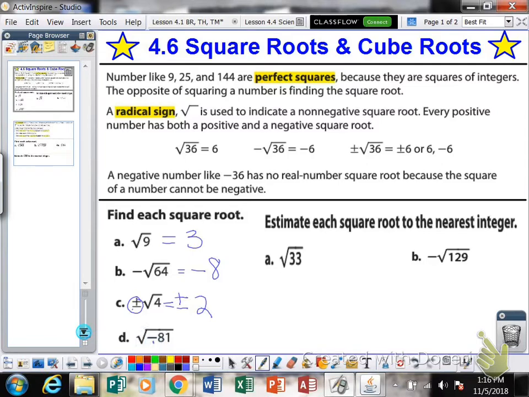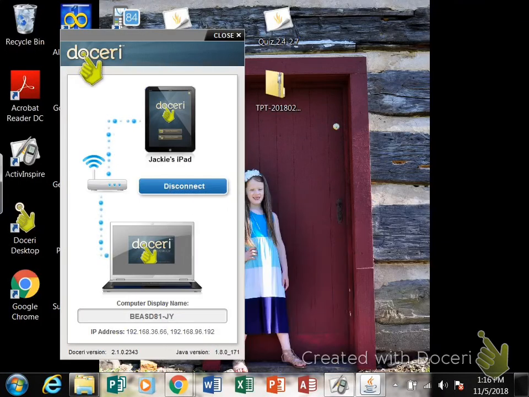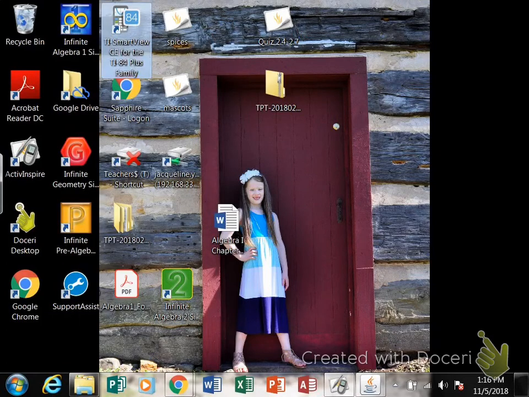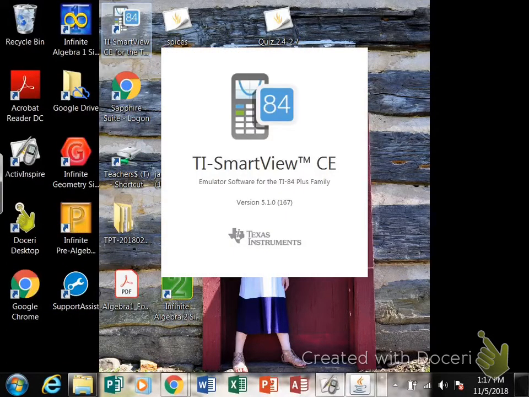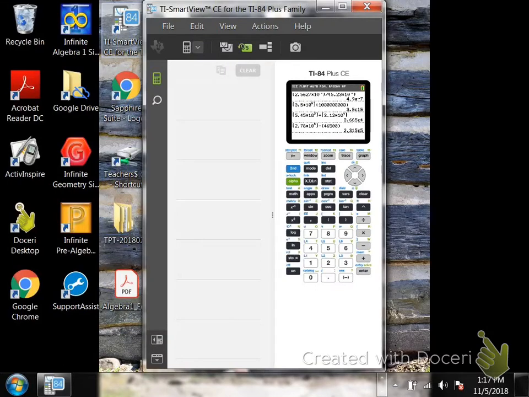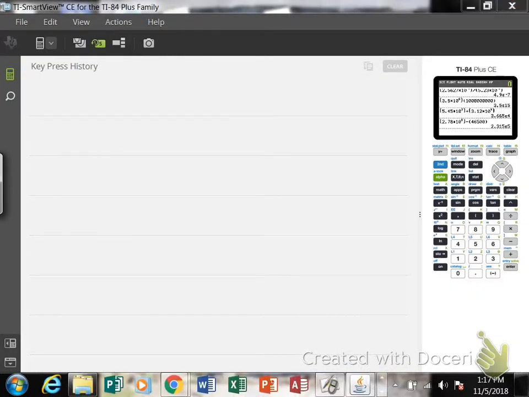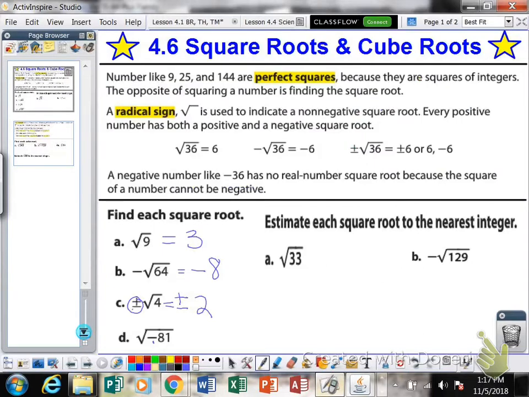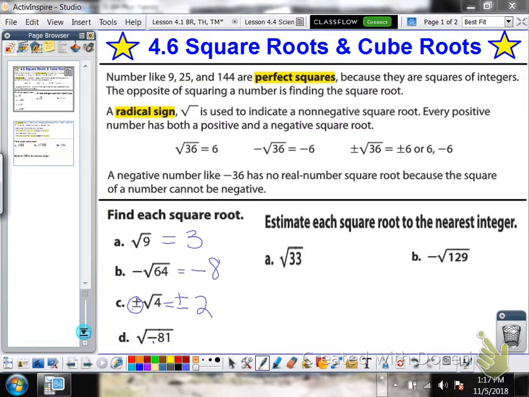If you were to actually type this into your calculator, and you were to type in negative, square root of negative 81.